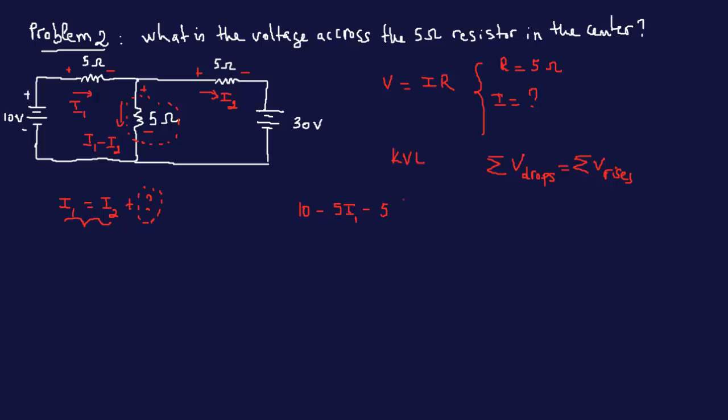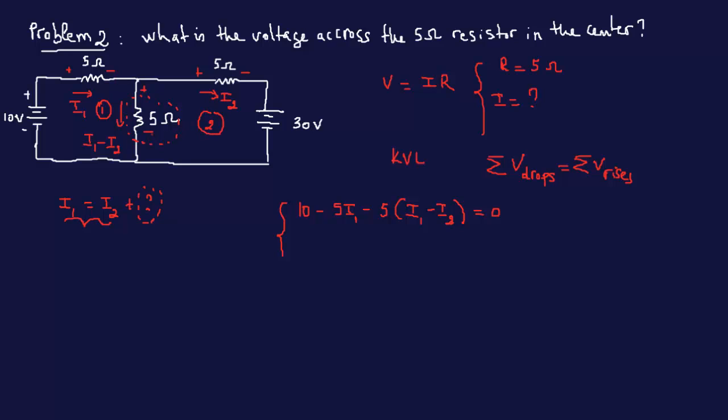Current is I1 minus I2, and this is equal to 0. Of course that's the first loop. Now we're dealing with the second loop.